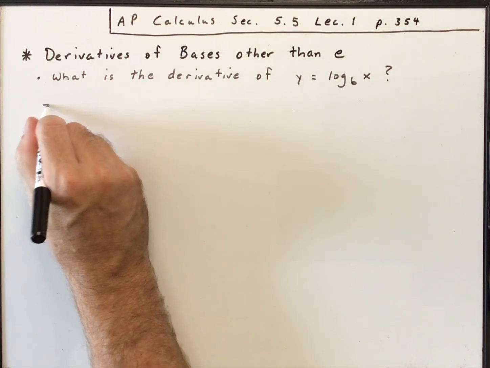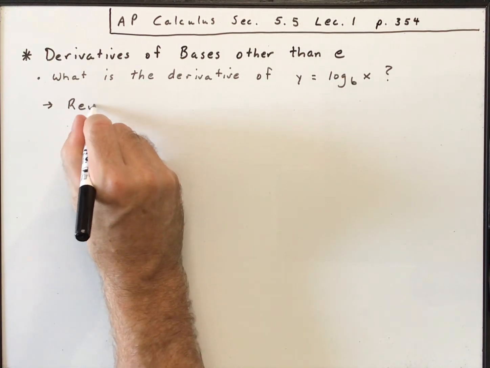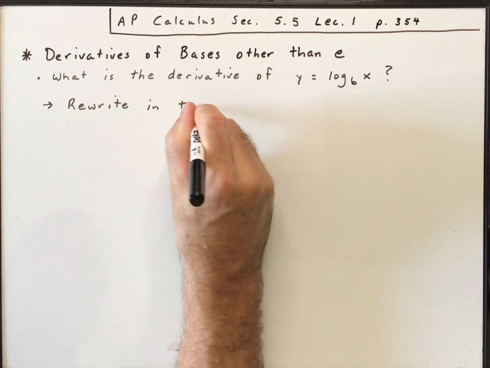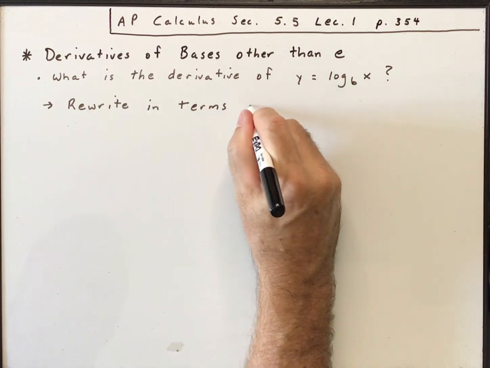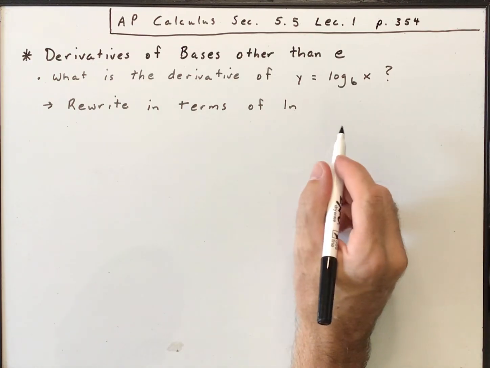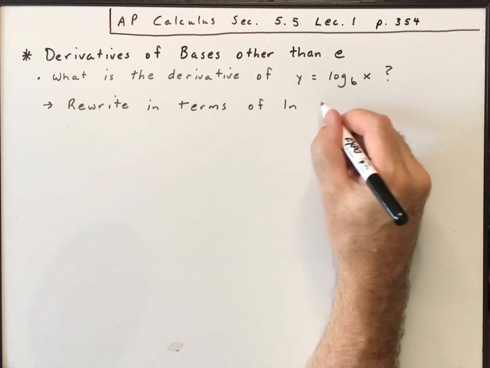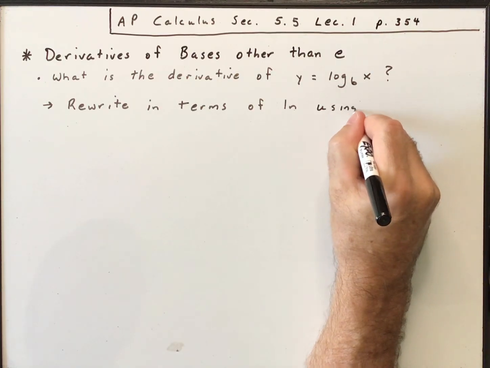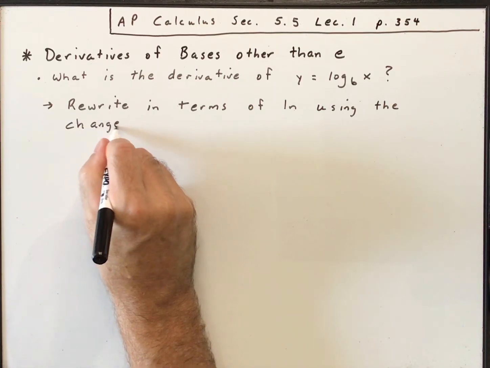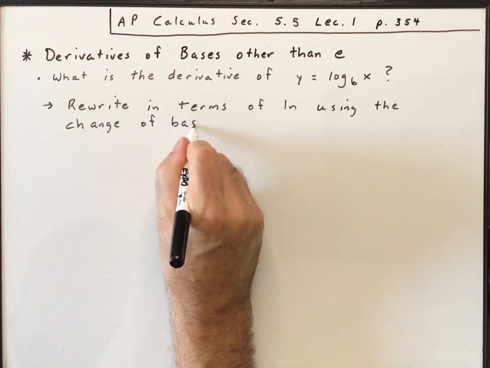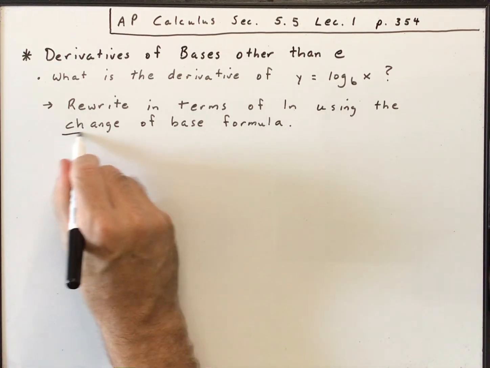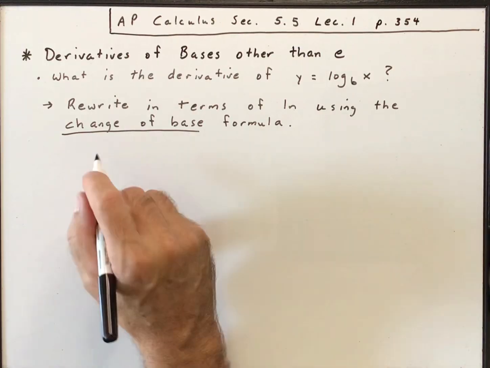So what we want to do, our technique is to rewrite in terms of natural log, because we know how to take derivatives of natural log. We just did that in the last section, using the change of base formula. Okay, so remember the change of base formula.